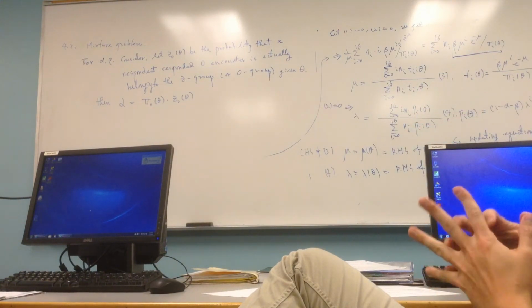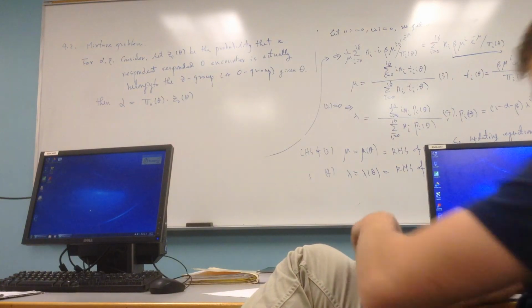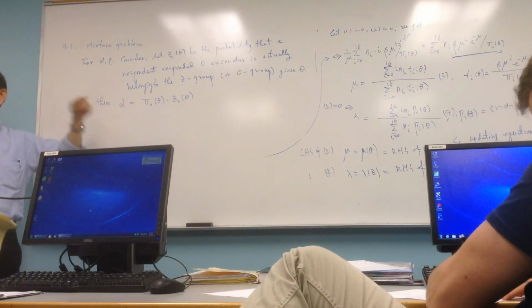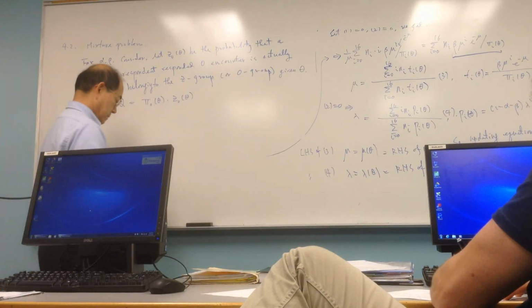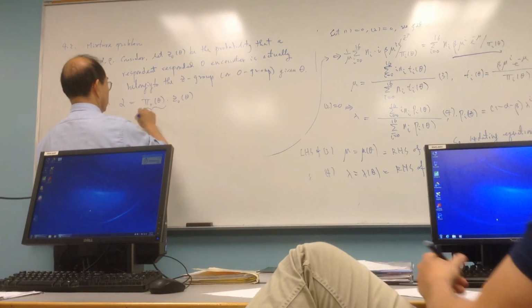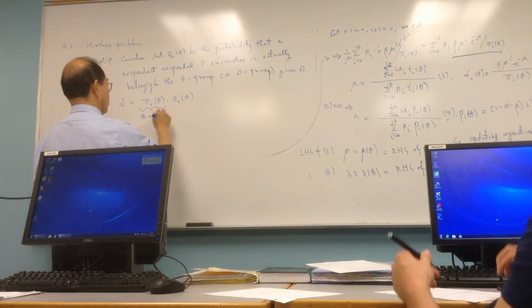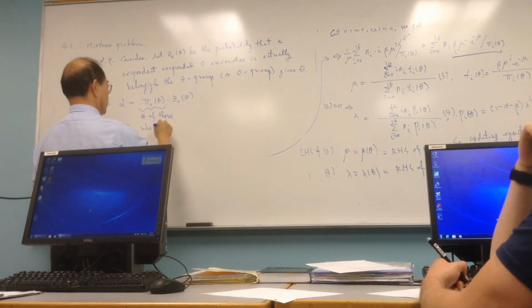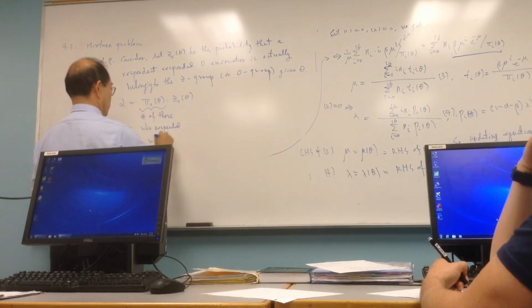But each one has a certain probability of actually belonging to that group. This is the number of those who responded with 0.